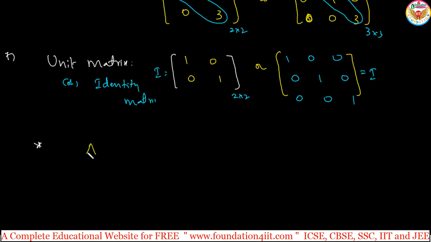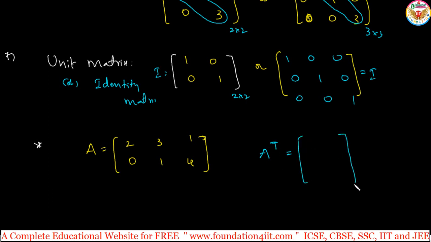For example, matrix A has elements 2, 3, 1, 0, 1, 4. This is a rectangular matrix, right? If you want to find the transpose of the matrix, we use A to the power T. You can denote it like this, A to the power T. This is the transpose matrix.